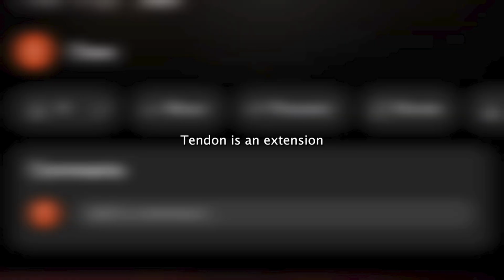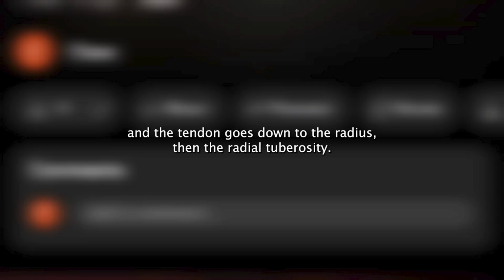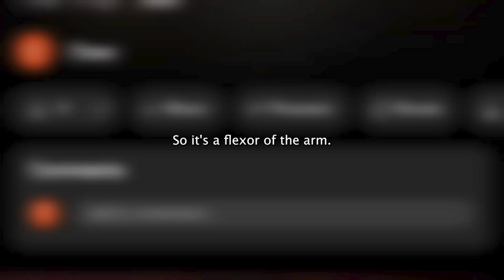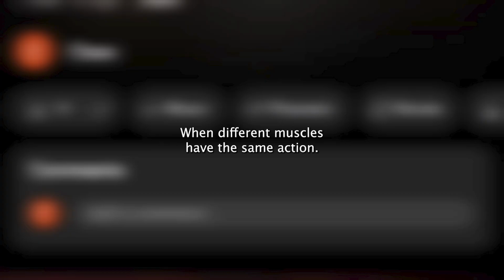A tendon is an extension of the muscle. And the tendon goes down to the radius. Remember the radial tuberosity? So it inserts into the radial tuberosity. When this muscle contracts, it pulls your arm up. So it's a flexor of the arm. It's not the only muscle that does that. We're going to be learning about something called synergy or synergism, when different muscles have the same action. So they're called synergistic muscles.